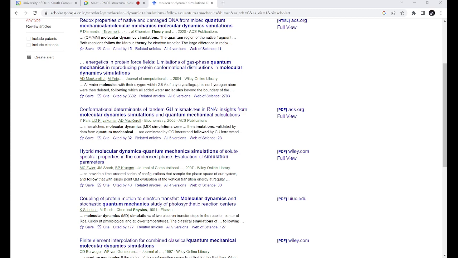What does res_nr define in a topol.top file, that is, the topology file? I think you know the answer.